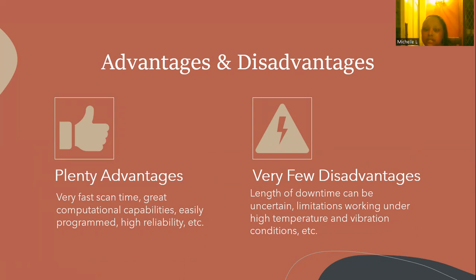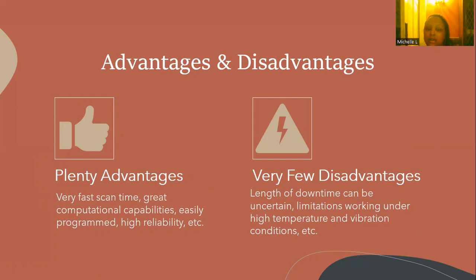For the disadvantages, it's mainly with downtime being uncertain. So that has to be taken into account that if there's anything outside of routine maintenance, if there's any type of major troubleshooting that has to go on or any repairs, the PLC can't control what repairs may need to take place.